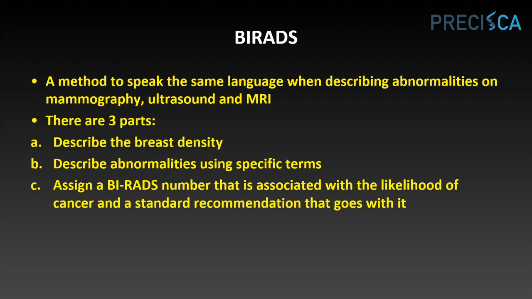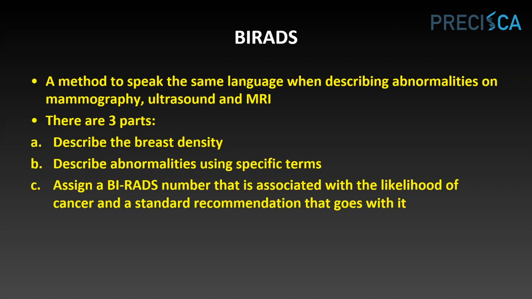BIRADS is used for mammography, breast ultrasound, and MRI. And every report that we do has 3 parts as dictated by the BIRADS system. So the first thing we do with mammography and MRI is to describe the breast density.